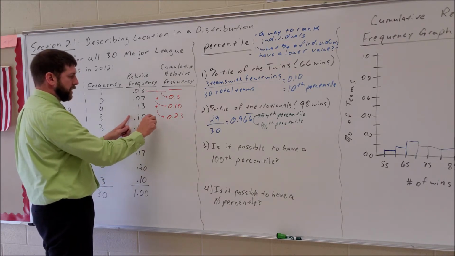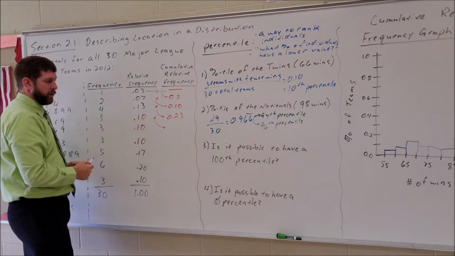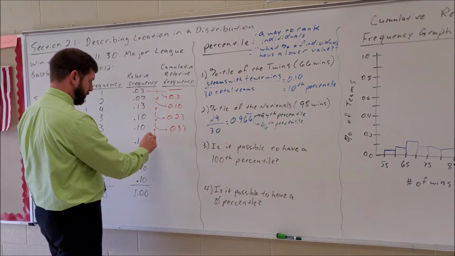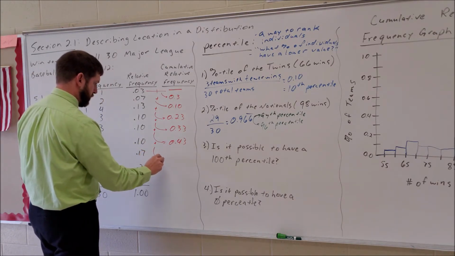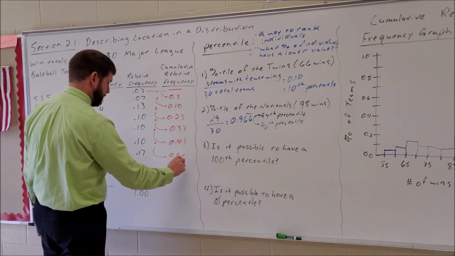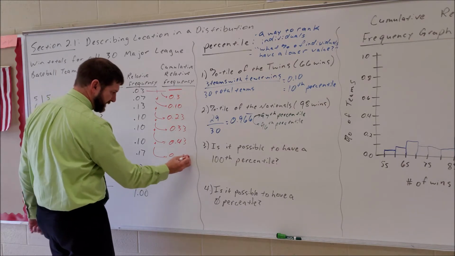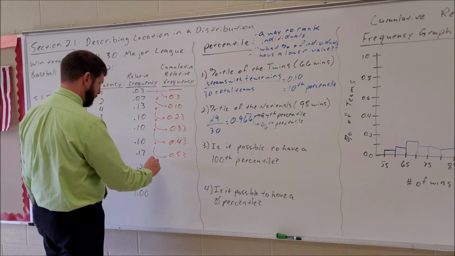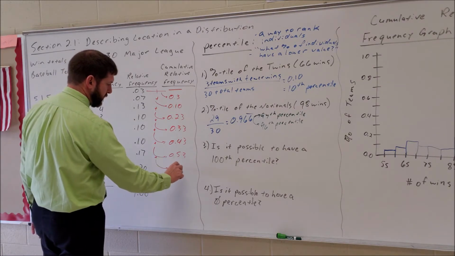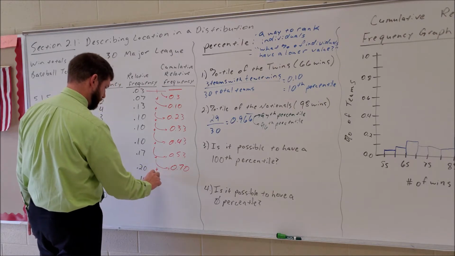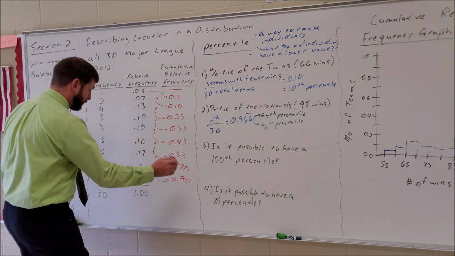So you're just adding up where you're at with what was in that prior interval. So we get 0.33, and we get 0.43, 0.53, 0.60, 0.70, 0.90, and so now look where we're at.